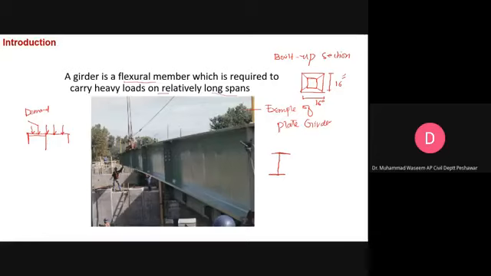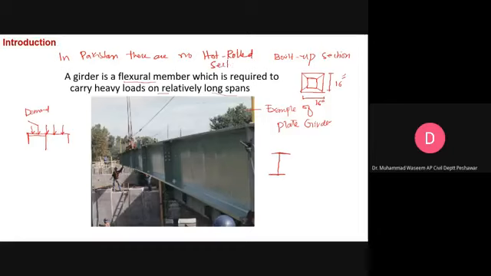There are some situations, like one other problem we have in Pakistan: we almost do not have hot rolled sections. Please remember, hot rolled sections are not available.